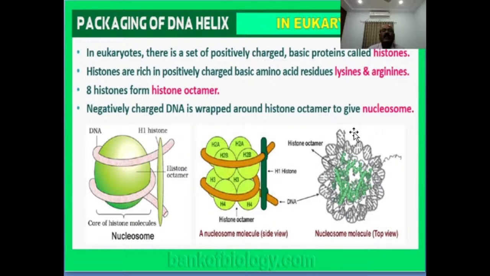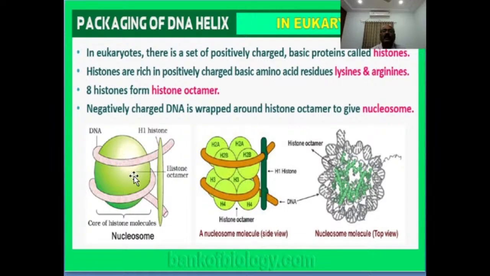Histones are rich in positively charged basic amino acid residues, lysine and arginine. 8 histones form a histone octamer. Negatively charged DNA is wrapped around the histone octamer to give a nucleosome. You see, this is a nucleosome structure.